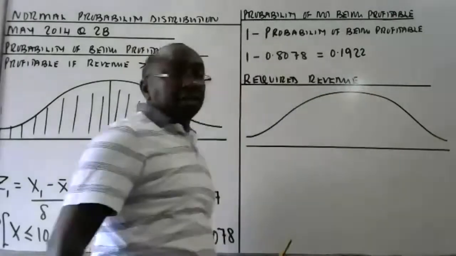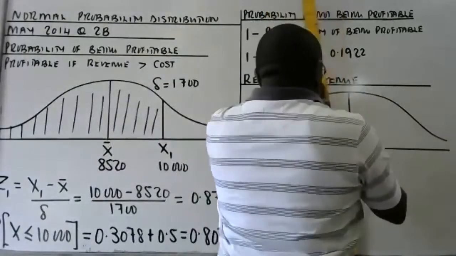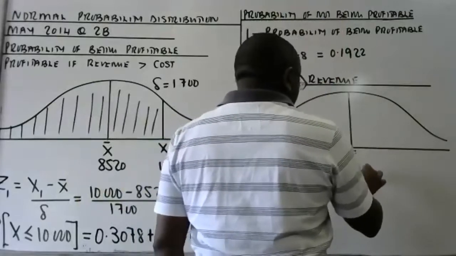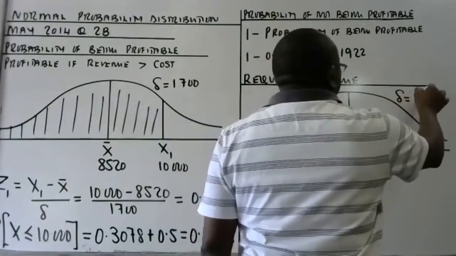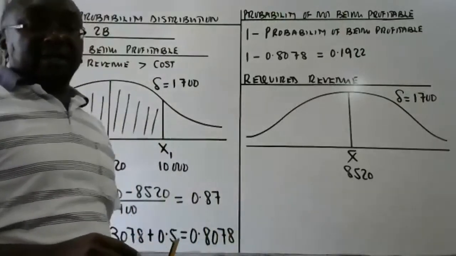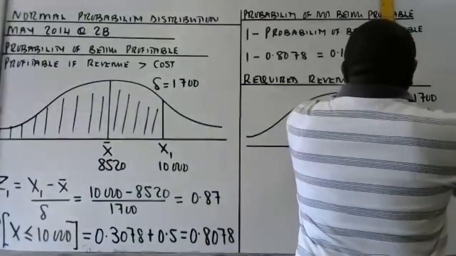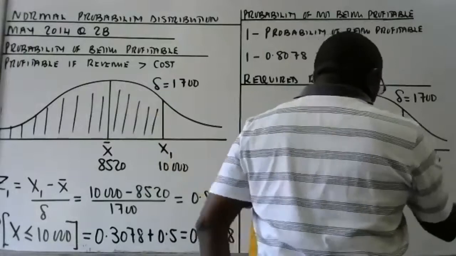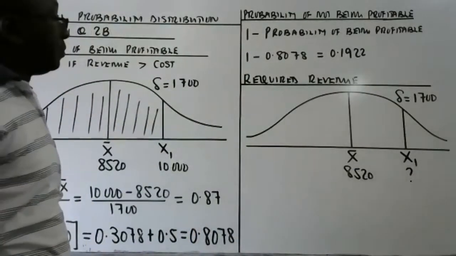We want the normal distribution to look like that. This is X bar here, which is 8,520. Standard deviation is 1,700. And now the probability of making profit here, the revenue here is what we do not know.